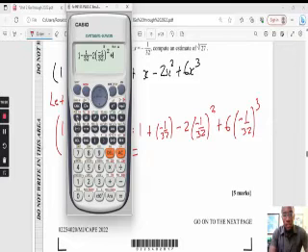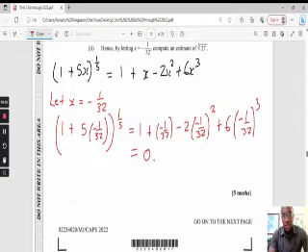Then you have plus 6 times negative 1 over 32, and then you cube it. Plug that in and we get this right here, 0.9666, whatever that is. I'm going to write 0.966613. I'll stop there for now, all right?